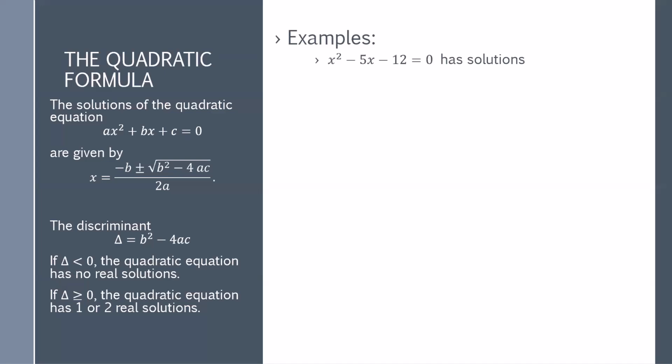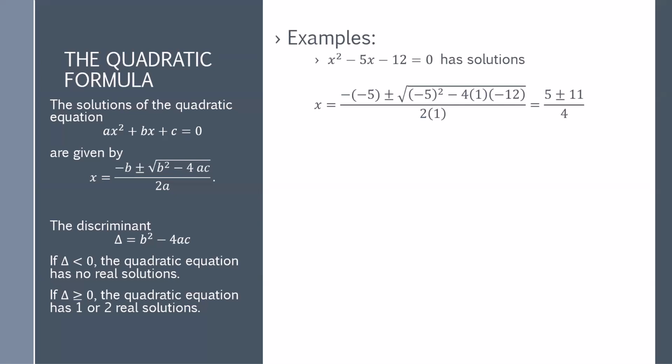So for example, x squared minus 5x minus 12 equals 0 has solutions. Unfortunately, it's very difficult to find two numbers that multiply to negative 12 and add to negative 5. By the quadratic formula, we take the negative of negative 5, plus or minus the root of negative 5 squared minus 4 times 1 times negative 12, divided by 2 times 1.